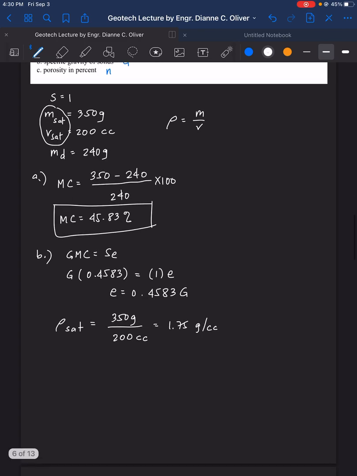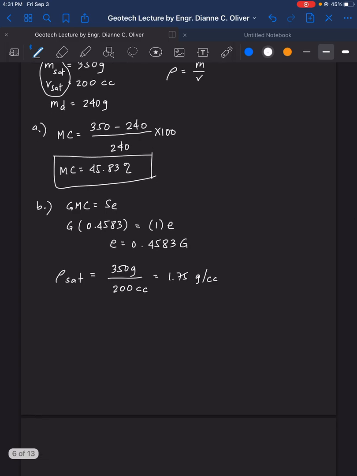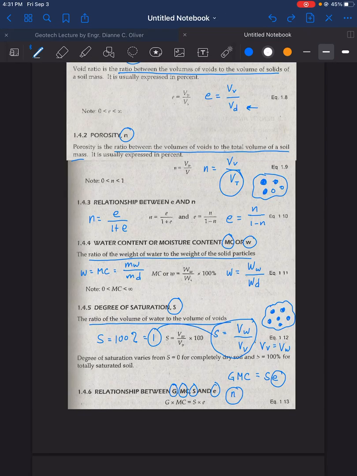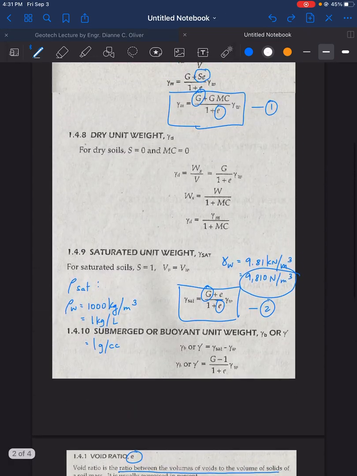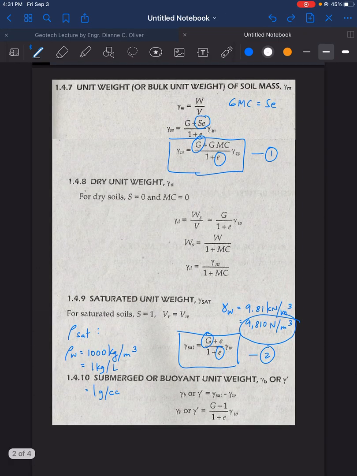Now since we have rho sat here, the formula for rho sat is the same with gamma sat. The difference will be the water unit weight. So instead of using gamma water, you will be using rho of water or density of water.